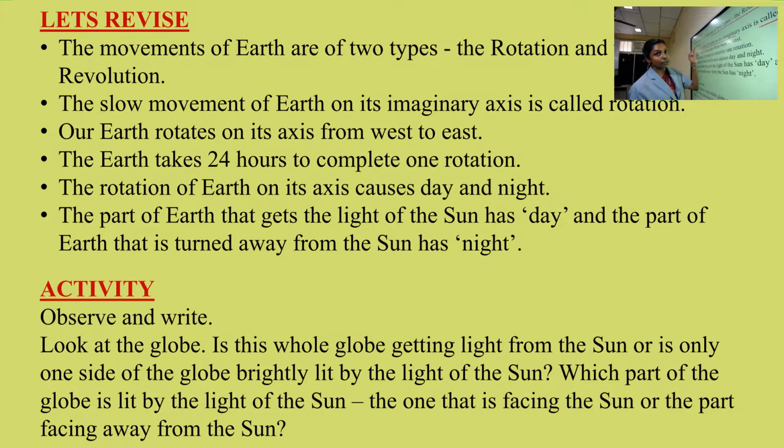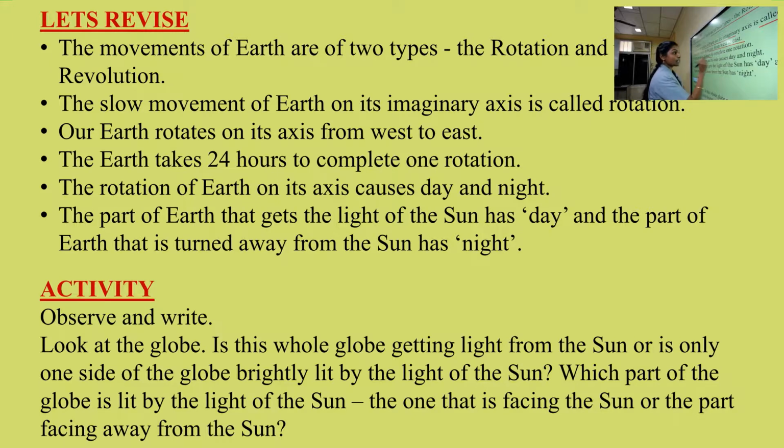The slow movement of Earth on its imaginary axis is called rotation, and our Earth rotates on its axis from west to east. It rotates from west to east. This is the reason why the sun rises in the east and sets in the west.